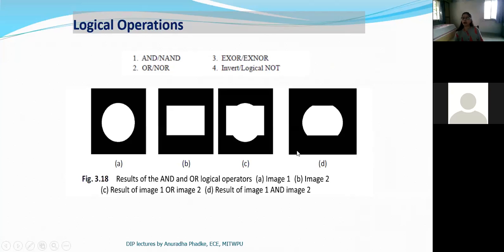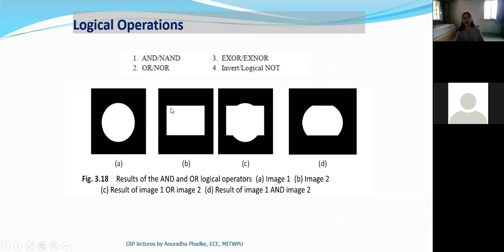And if you look at image D, it is the logical AND operation between A and B. So here we are getting this portion round here, because for a few points from this rectangle, in image A at those positions, the pixel value is 0.